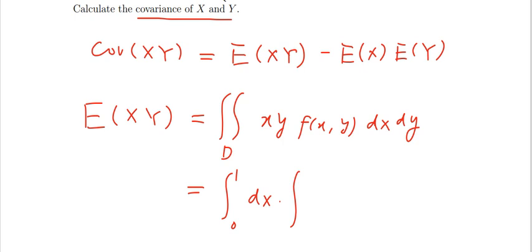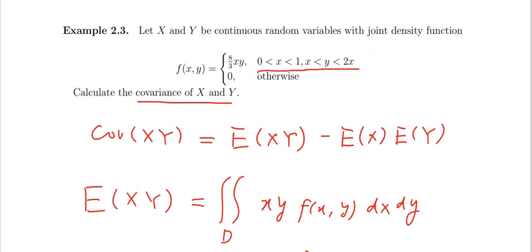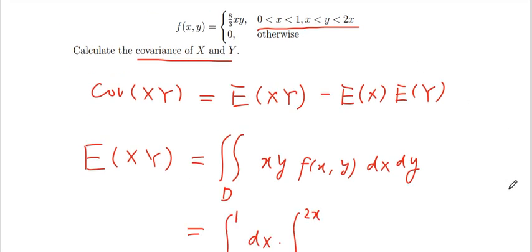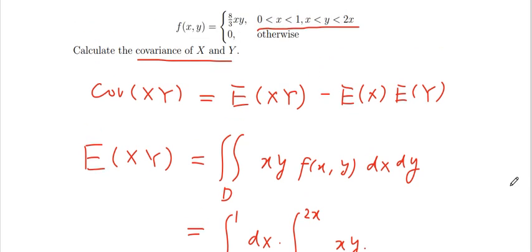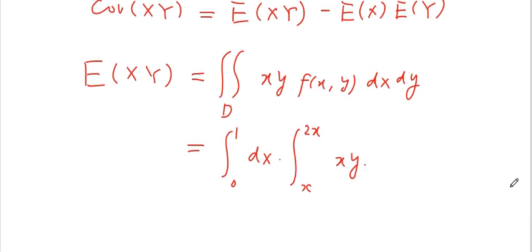Then for fixed x, y is from x to 2x. Then we put everything in: x times y times the density function, which is 8 over 3 xy, dy.